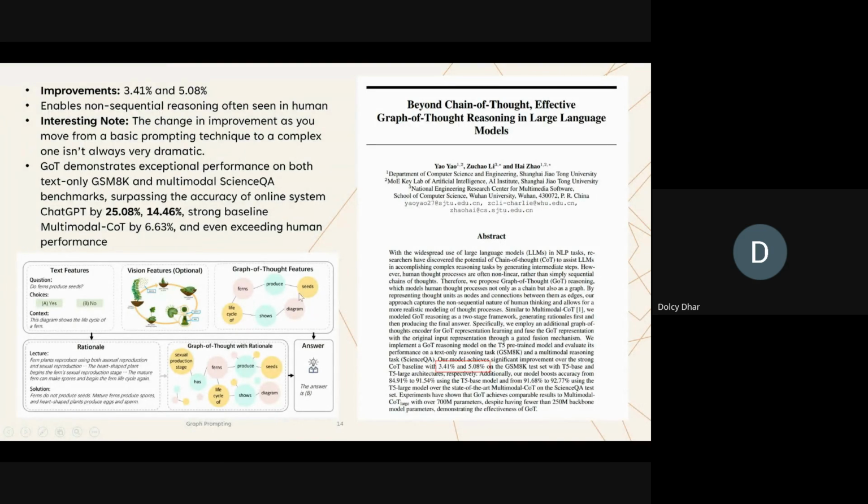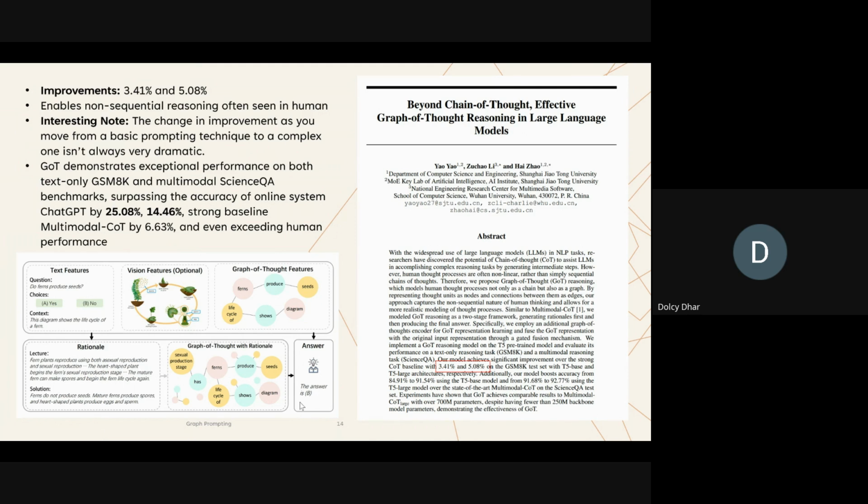So basically in this paper they use three different modalities: text, image, and graph. So three different data structures to come to the answer. Here the question has been asked, this is the vision area, and this is the graph of thought features that have been passed, and the answer is received over here.